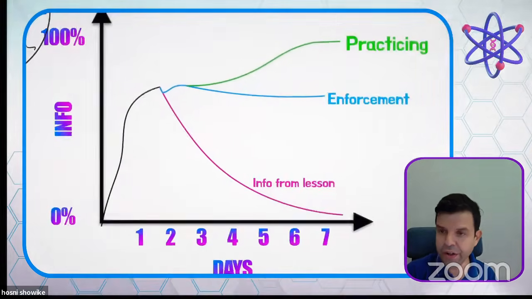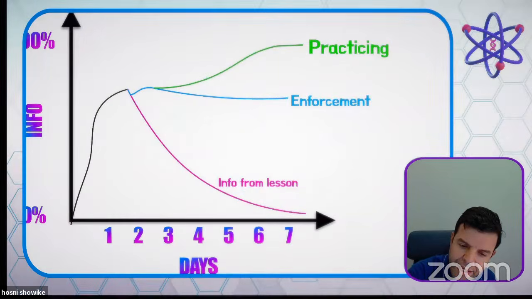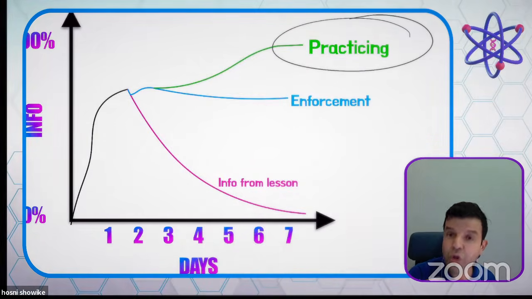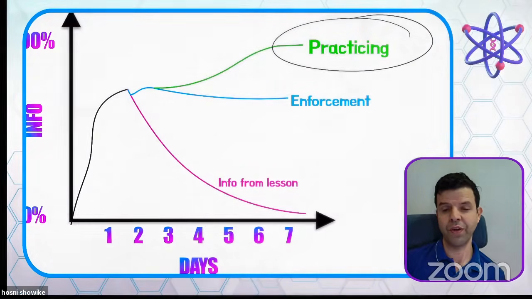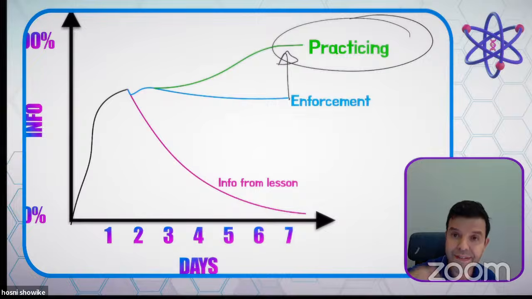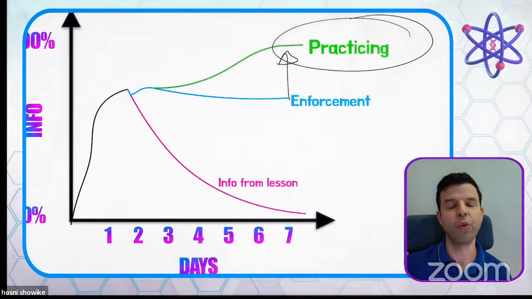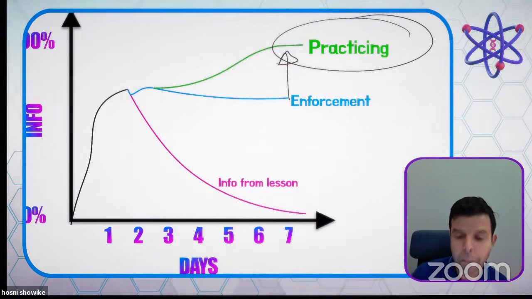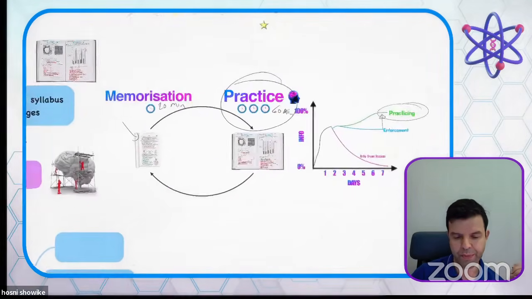And from here, you could raise your learning, your understanding, up to 100%. So no matter how much you read, highlight, and rewrite, you're not going to reach that level until you start doing that active learning. That's when you recall the information by solving past papers.